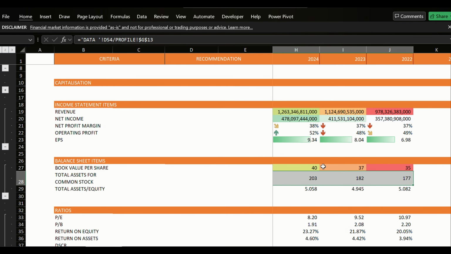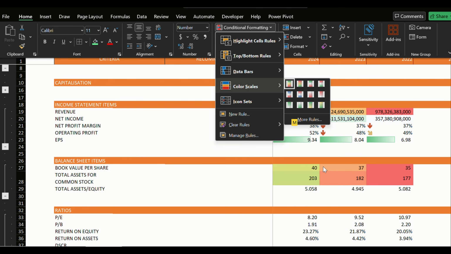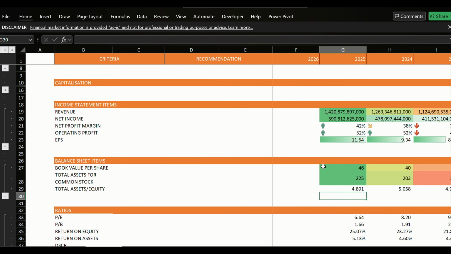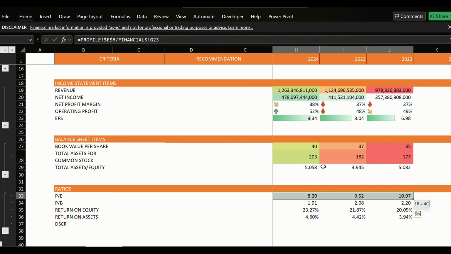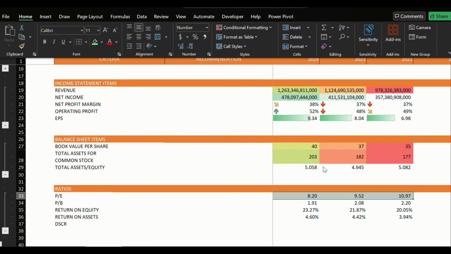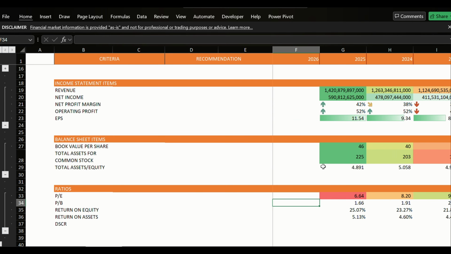So okay, I'm going to try to be fancy. Let me just make it simple. Next, the price to earnings ratio. This one just applies color scales, which you can see on the current price.